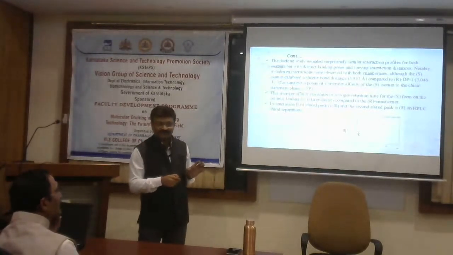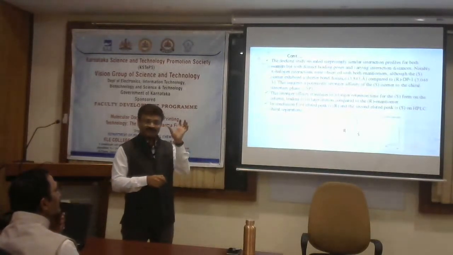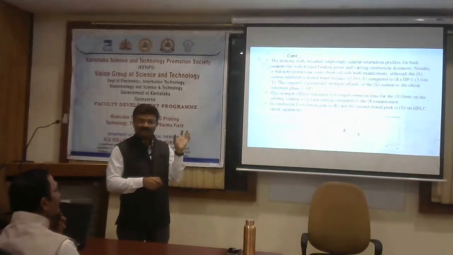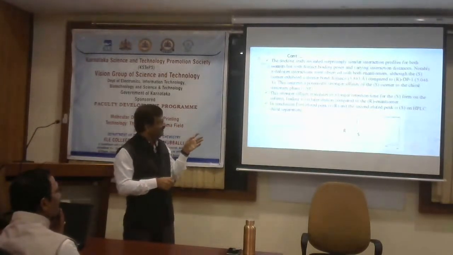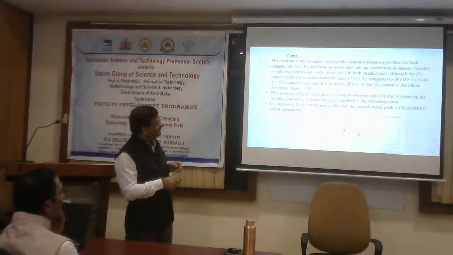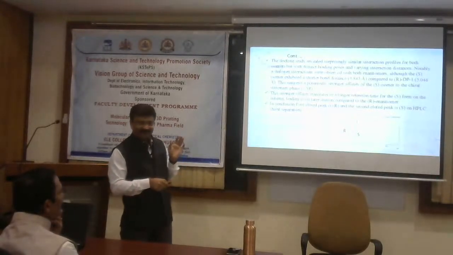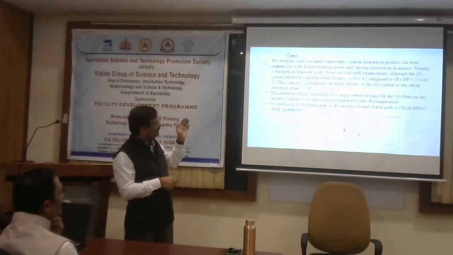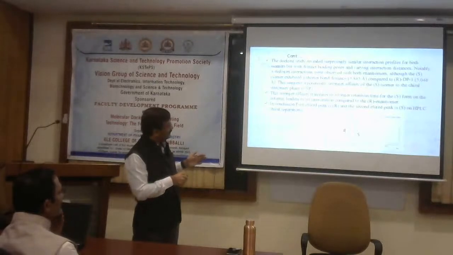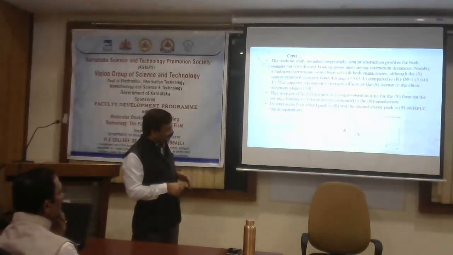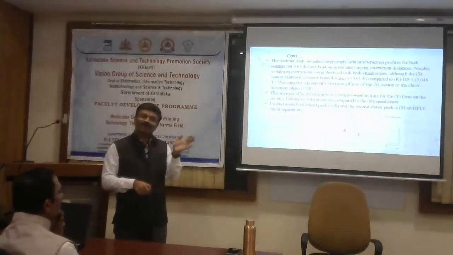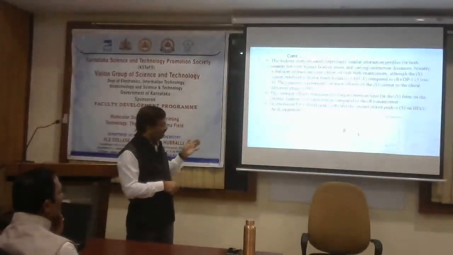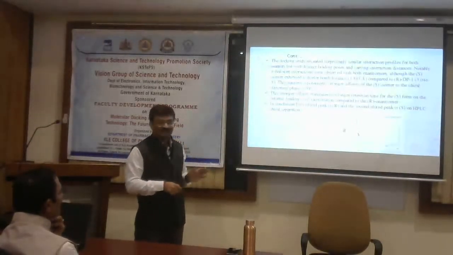Based on this interaction, the shorter distance means the S is strongly bound, at 3.8. So I consider that it takes more time to be retained in the column, eluting late, and the one coming first I consider R only.